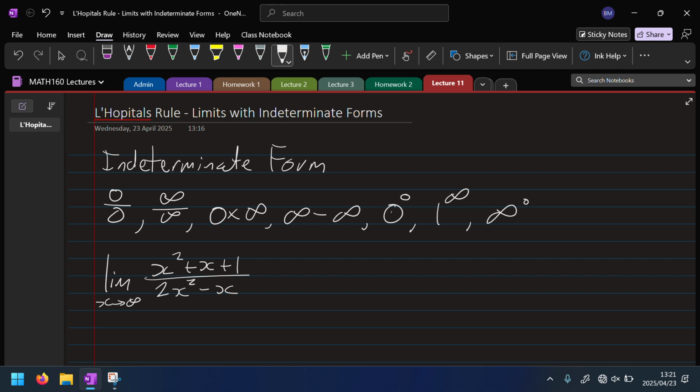In this case, you would take out the x squared, take the limit, and you end up with a half. So just because it's infinity over infinity doesn't mean the limit doesn't exist. Sometimes it won't exist, but it's not automatically does not exist. In this case, it was infinity over infinity, but the limit still had a value, a half.